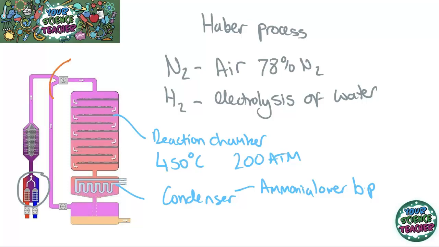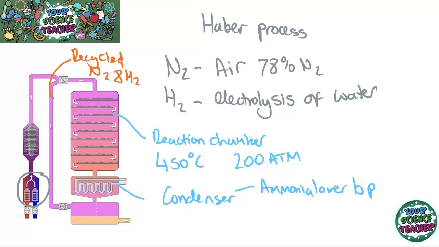Well, what I do is I recycle it back round. As a consequence, I don't make any waste products from this reaction. All that nitrogen and hydrogen that's unreacted, I just send back round for it to react again.